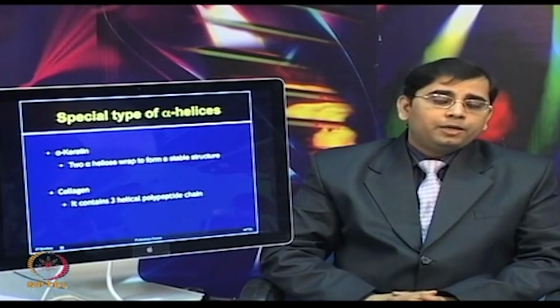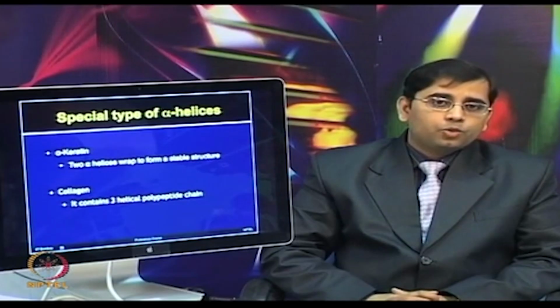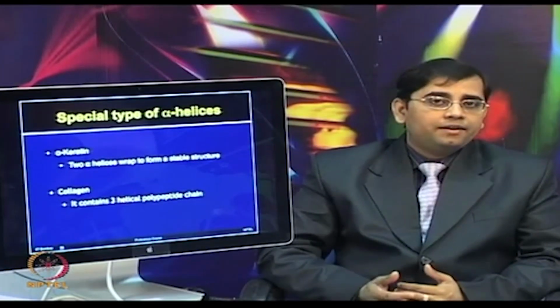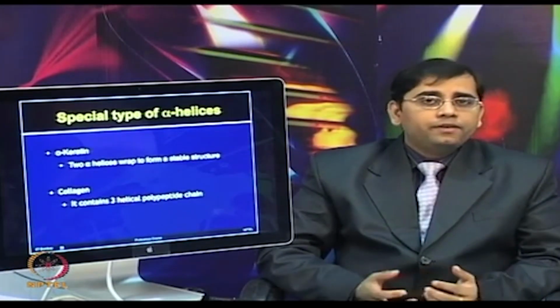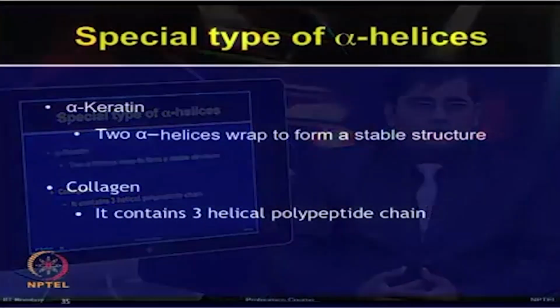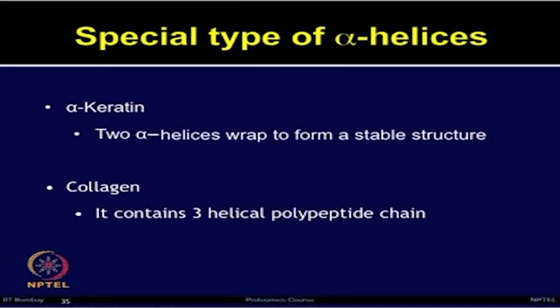There are special types of alpha helices, where 2 alpha helices can wrap up or 3 alpha helices can come together. The first example is alpha keratin, where 2 alpha helices wrap to form a stable structure.